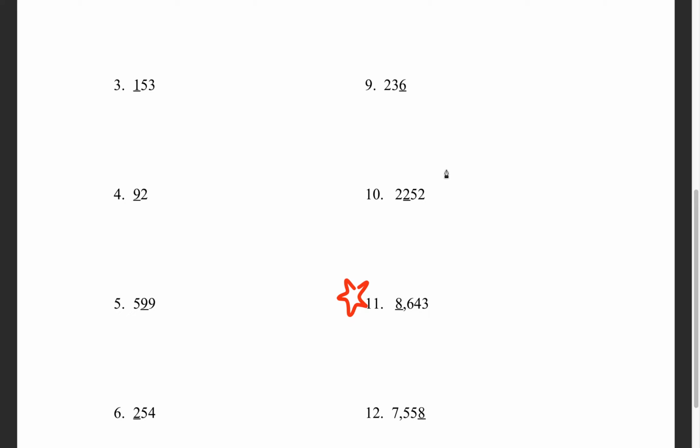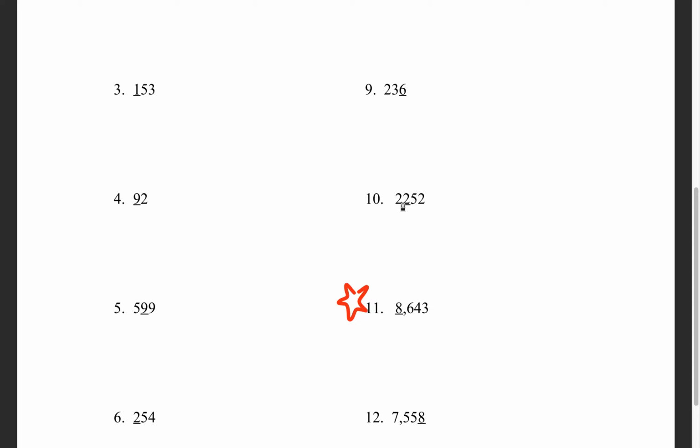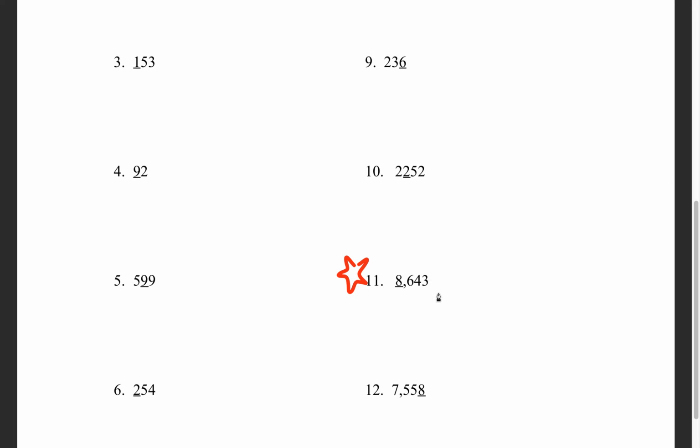This one, since there's a comma, that means there's 1,000. Sometimes they don't have commas, but this is still considered the thousands place. So let's put 8 and then 6 and then 4 and then 3. Since 3 is always down here, that means all the zeros stop there. So that's gonna be a 1, 2, 3, 1, 2, and 1.